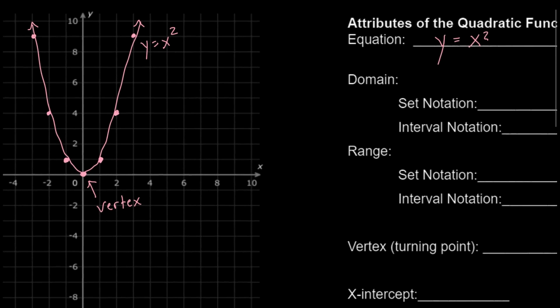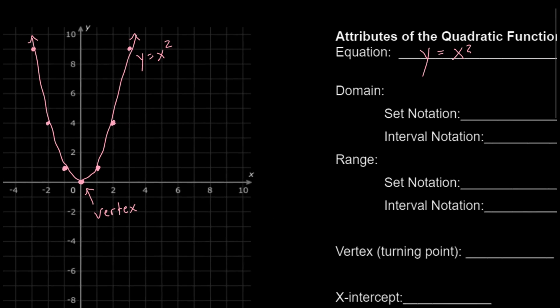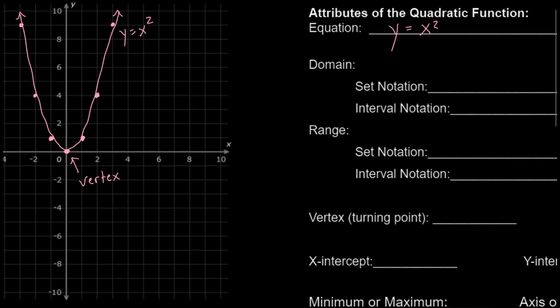So over here, some info about this graph. We're going to do domain and range. Let's do domain first. Domain is which values? X or Y? X, good. Domain is X.